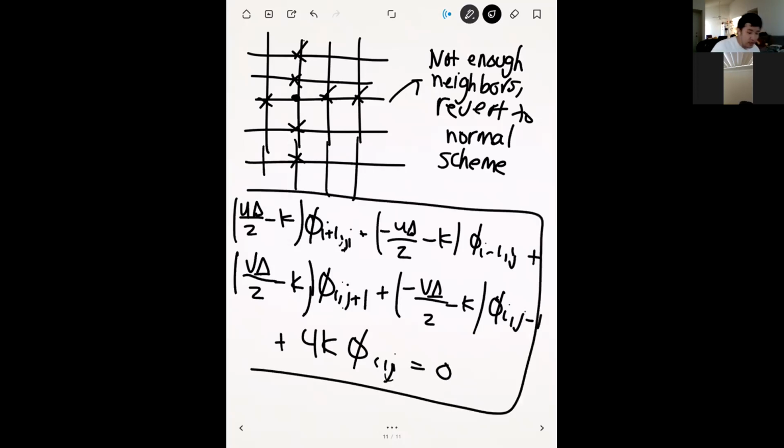Right now I have equals 0 on the right hand side, but if you have a source term, then that's where the source term would be.